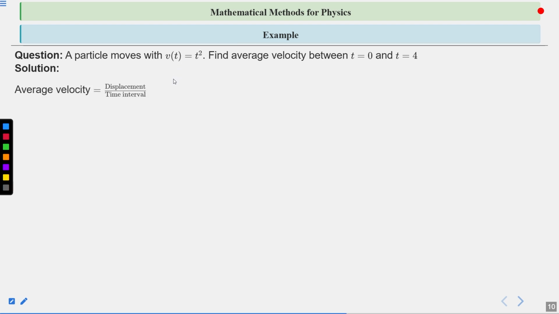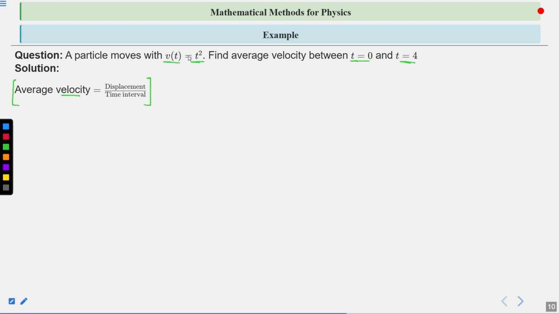So what is the formula of average velocity? To calculate average velocity is equal to displacement divided by time interval, and we know the time interval is given, 0 to 4 seconds. Yes or no? And velocity is v of t equal to t square.